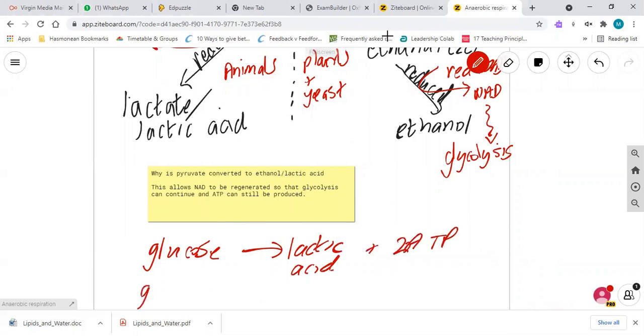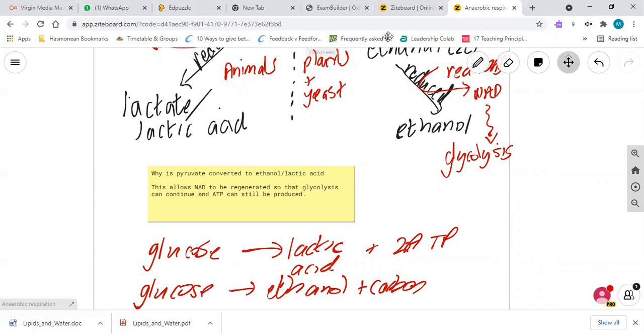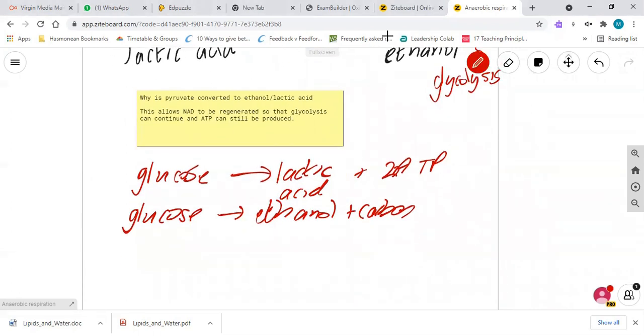And in yeast and plants, you will take the glucose, you will convert it into ethanol plus carbon dioxide, plus 2 ATPs. Look how inefficient that is compared to aerobic respiration, where we were making 38 ATPs.